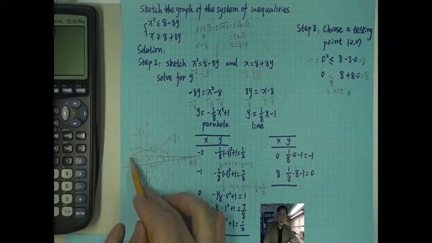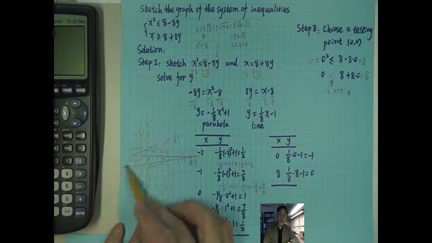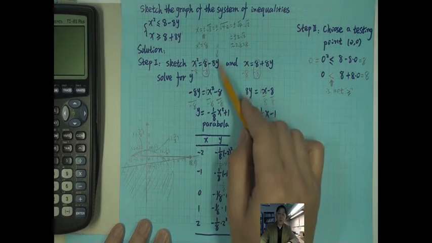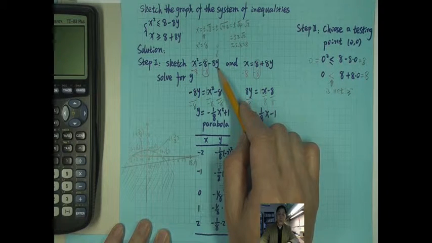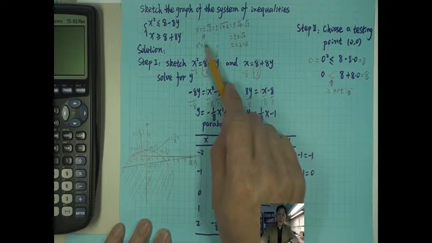How about intersections? The intersections for this one are all the points on the x-axis, with y-coordinate 0. So for this one, if y is 0, then 8 times 0 is 0, so you have x squared is just 8.